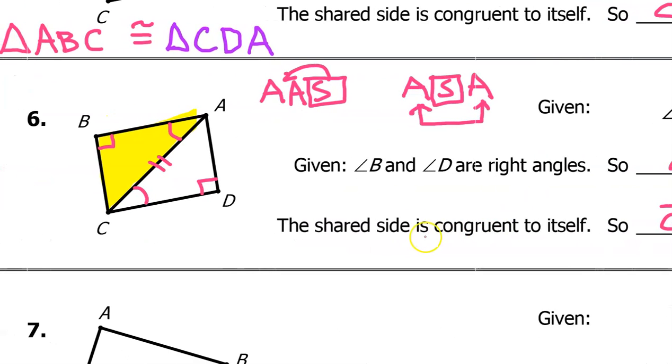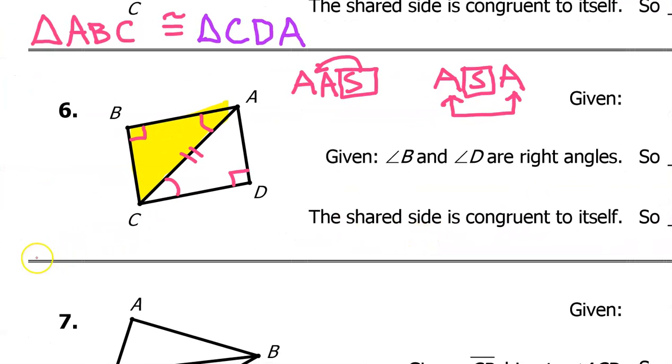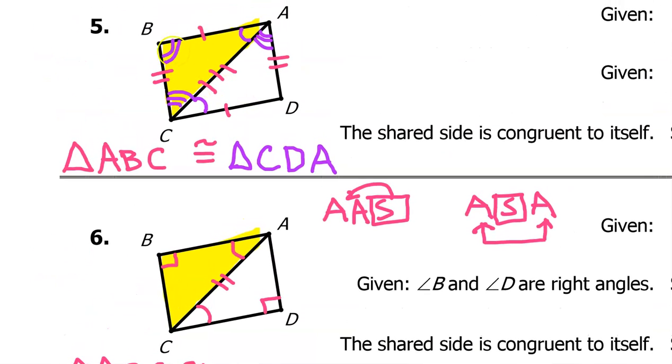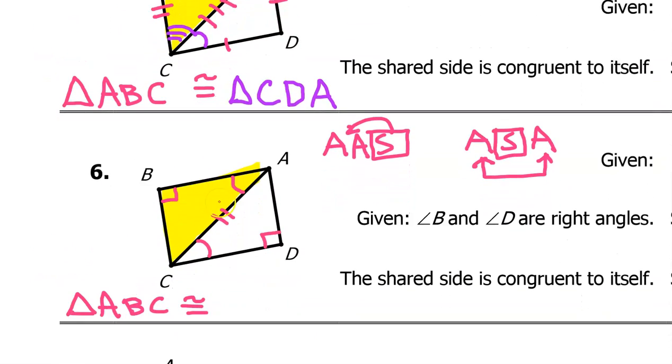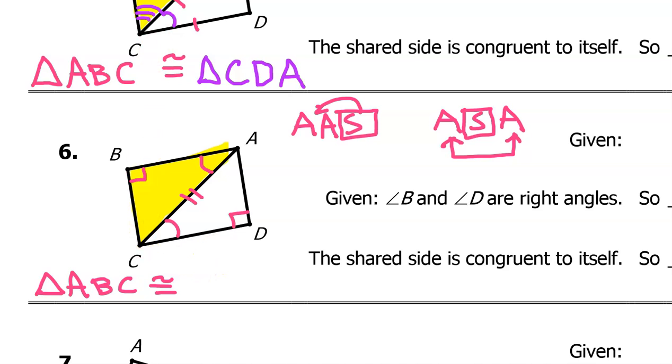Now it's time for the congruent statement. So yellow triangle ABC is congruent to... So this will probably wind up being the same statement as last time because it's oriented the same way. But let's go through the motions for practice. So this will be congruent to triangle what?